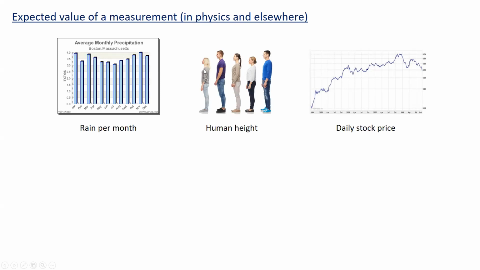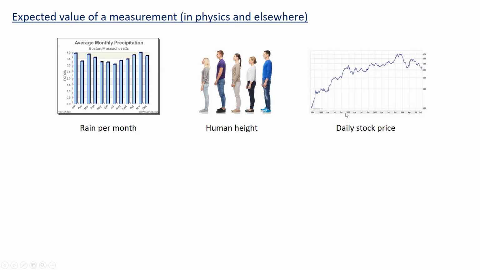Likewise, with heights, we're not all the same height, so there's variation, but we can say there's an expected value of a height. The average male in the United States, I believe, is about 5'10", and the average female around 5'6" or 5'7". So I guess that puts the average person at around 5'8" or 5'9".